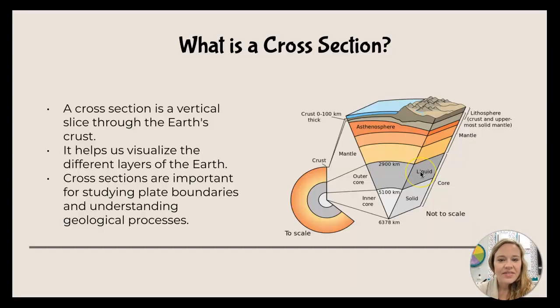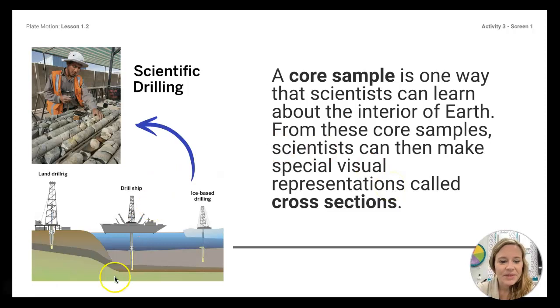If we look at this, a cross section tells us what the inside of something looks like. So it helps us visualize the different layers. It helps us understand the different parts that are happening at our plate boundaries, and where the fossils are found. If we look at this image here, we could draw a box in order to show a cross section.